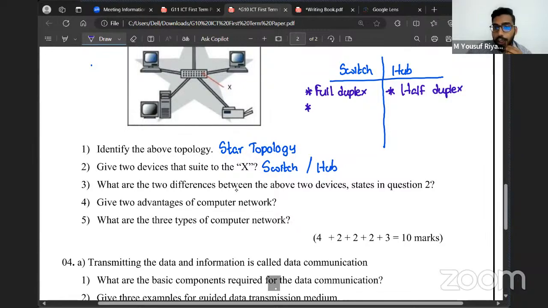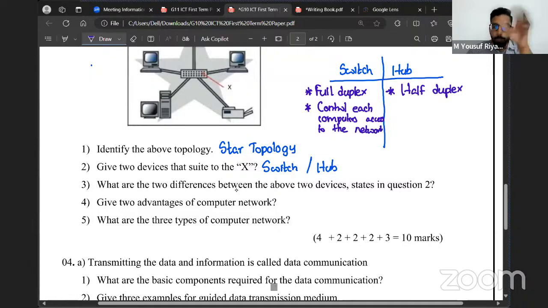In a switch, you can control the computers' access to the network, each computer's access to the network, right?